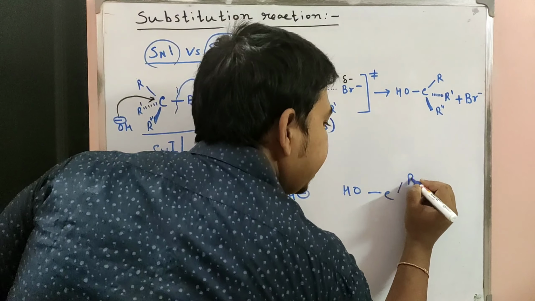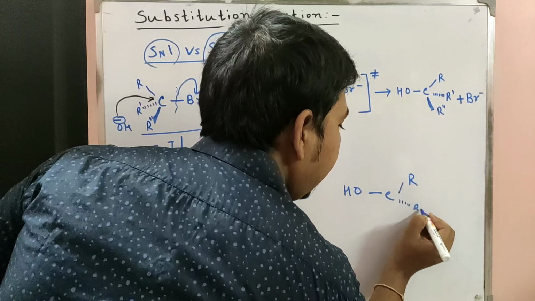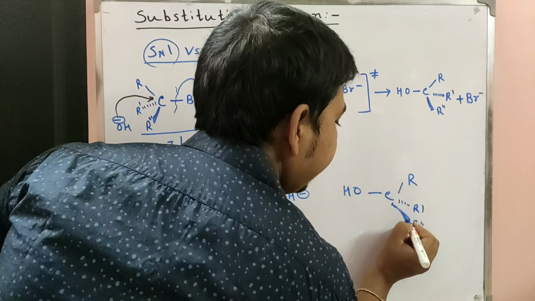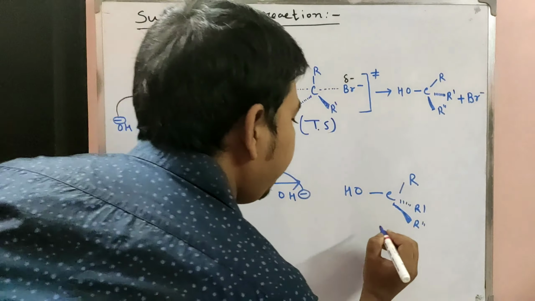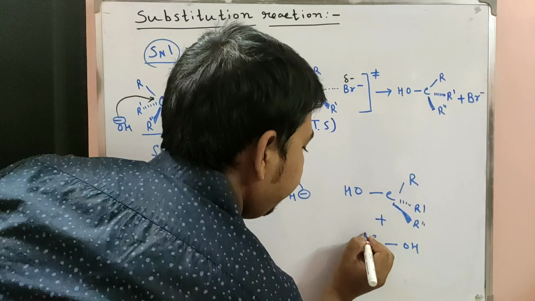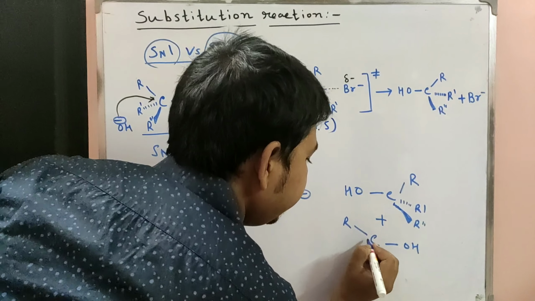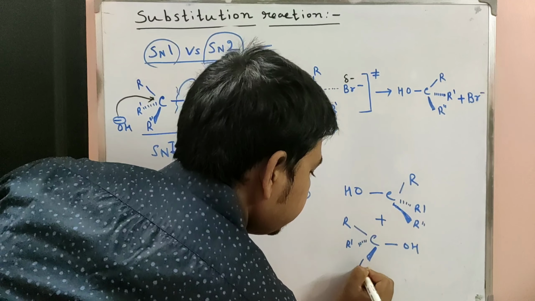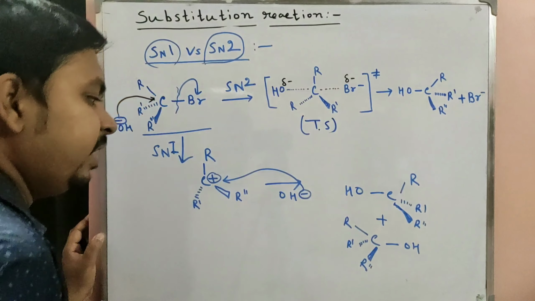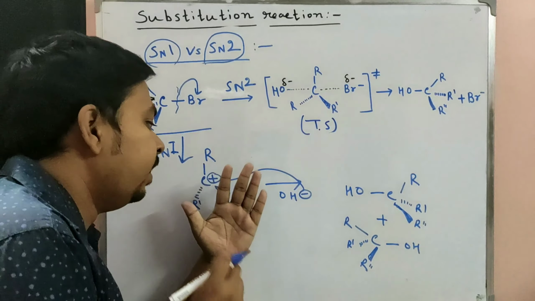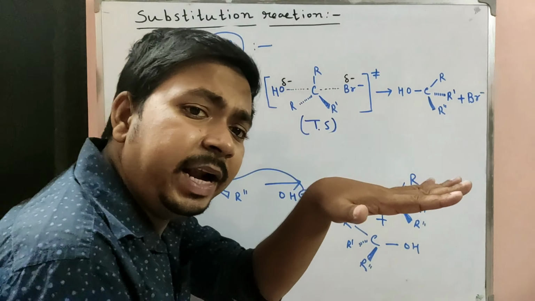We can simply write R dash, and the bold one is R double dash. So two possible products are formed, one on this side and one on the other side. We can easily say that in the SN1 reaction medium a carbocation is formed, and carbocation is a planar intermediate.